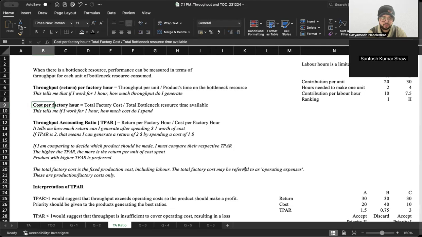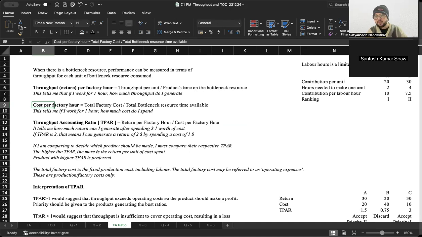So throughput per factory hour or return per factory hour is throughput per unit divided by product's time on the bottleneck resource. This tells me that if I work for 1 hour, how much throughput do I generate, assuming that time is my limited resource. Cost per factory hour is total factory cost divided by total bottleneck resource time available. This tells me if I work for 1 hour, how much cost do I spend? And throughput accounting ratio is return per factory hour upon cost per factory hour.